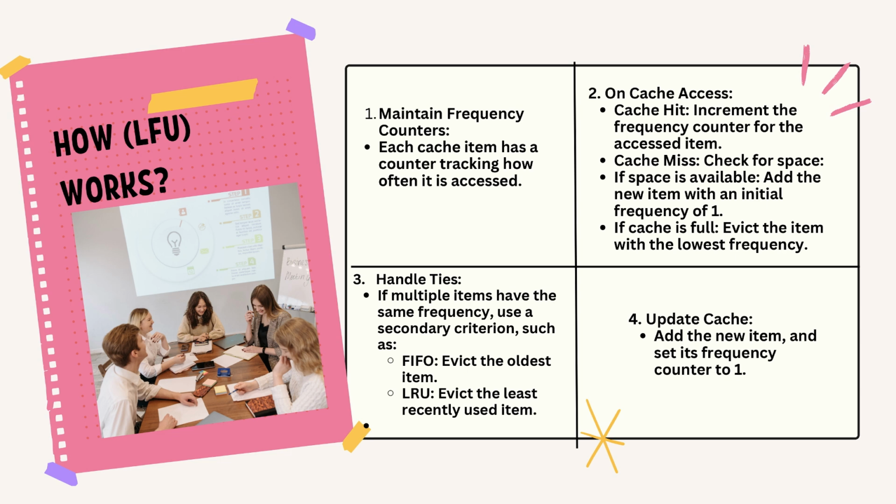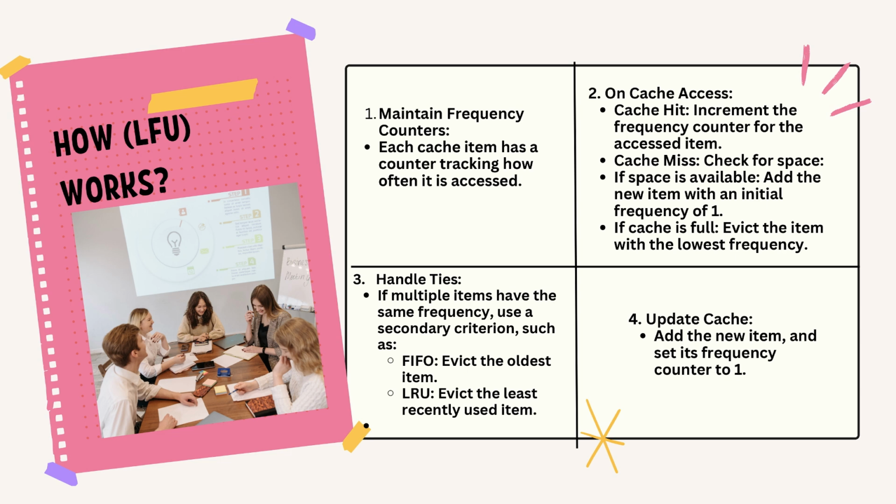Now that we know what LFU is, there are 4 ways how LFU works. First, it maintains frequency counters. This means each cache item has a counter tracking how often it is accessed. Second, on cache access. There are 2 types of cache access. First, cache hit.